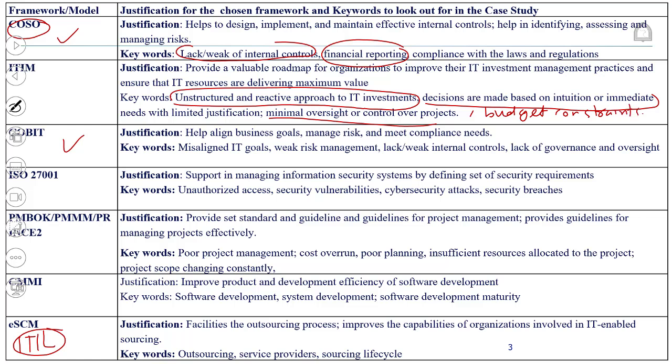That's another indicator that you're not properly doing your IT investments. So it can help with, and the justification that you can provide for that, it provides a roadmap for organizations to improve their IT investment management practices and ensure that the IT resources are delivering maximum value.